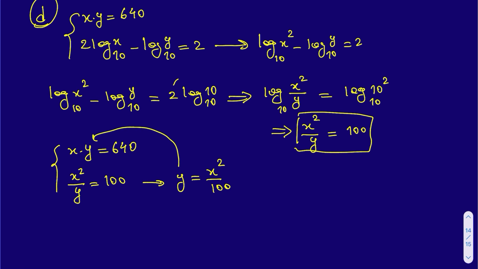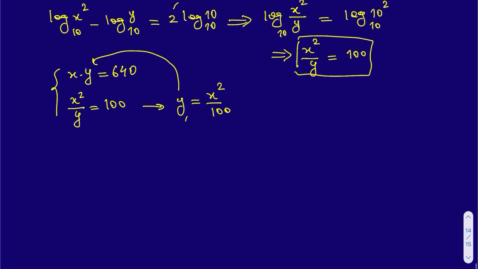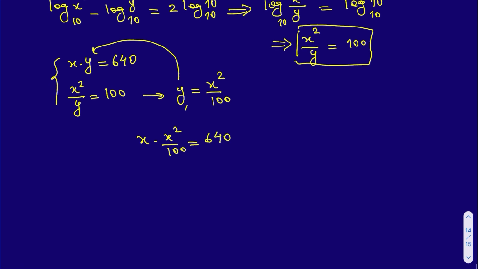So therefore it will be x times x to the power of 2 divided by 100 is equal to 640, which is equal to, therefore, x to the power of 3 divided by 100 is equal to 640.